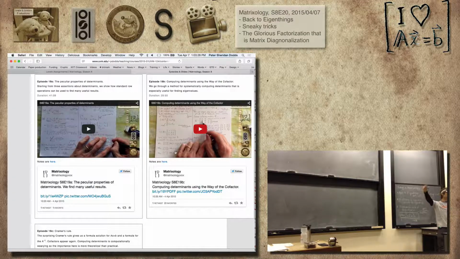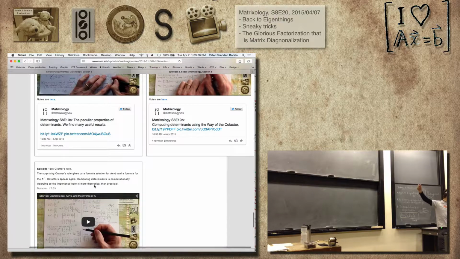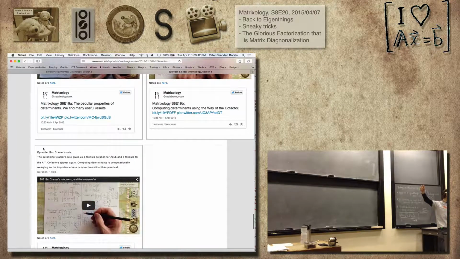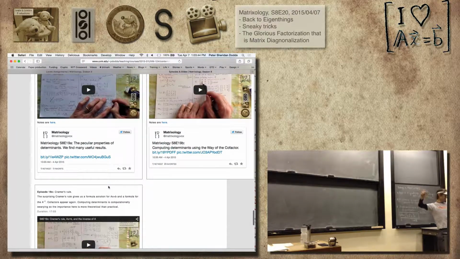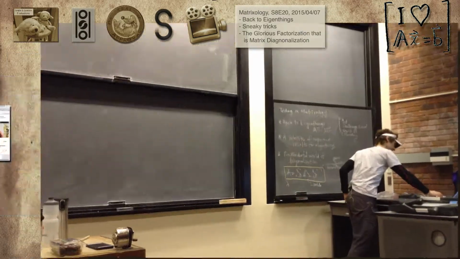That's what we really need for 3x3s to figure out determinants when we're solving the eigenvalue problem. And then Cramer's rule and a formula for the inverse of a matrix, which is kind of strange, but there really is a formula for it. They're not too long. I guess this one's 40 minutes, this one's like 25, this one's 20. Absorb those, please.